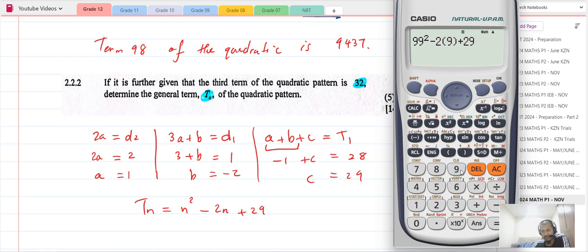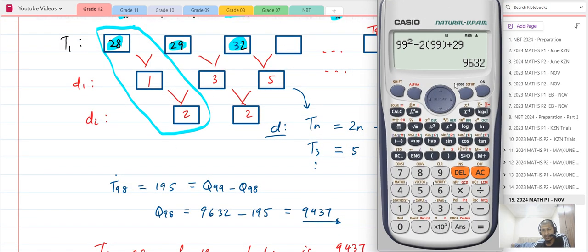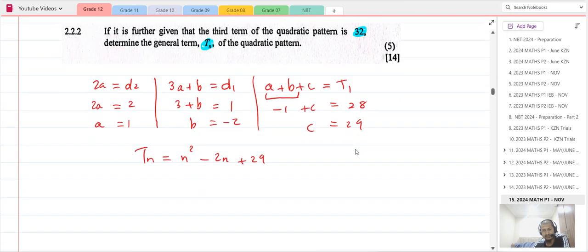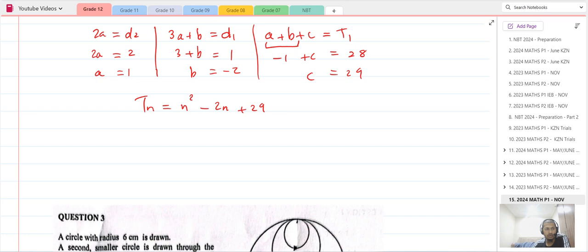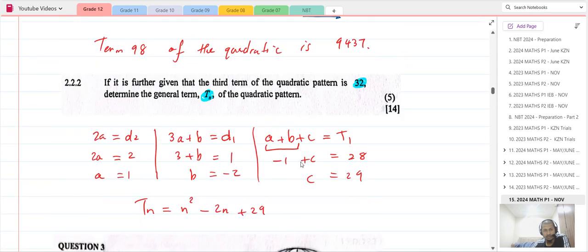We're getting 9632. Was it 9632? Yes. And if you put term 98, what's the answer? 9437. Yes, 9437. Perfect. So it's all good. Let's move on. Hope you guys understood that. Simple.